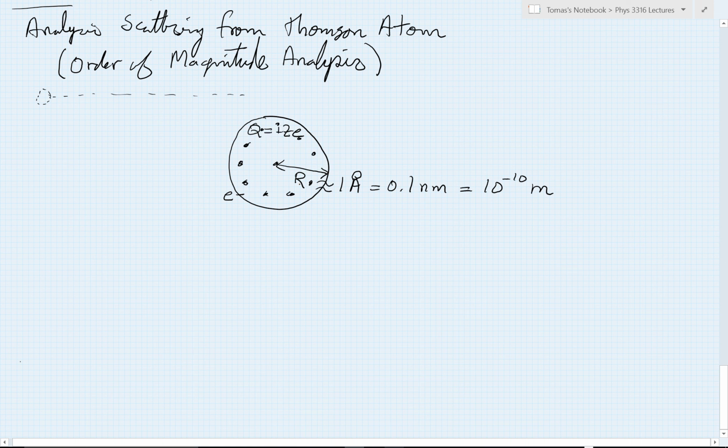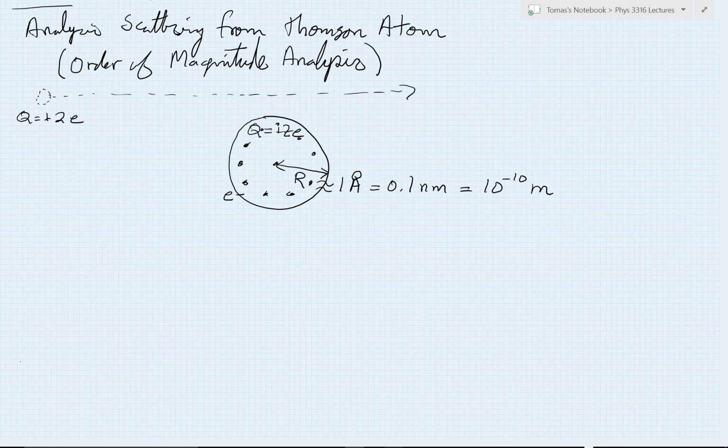And you guys know from your electrostatics and Gauss's law, when you have a spherical neutral distribution, once you get outside that distribution, the electric field is zero. So even though this alpha particle is approaching with a total charge of plus 2e, it's not going to feel any forces from this Thomson atom. It's just going to sail straight on through with no scattering. Okay, that's one extreme case. I always like to think about the extreme cases first.